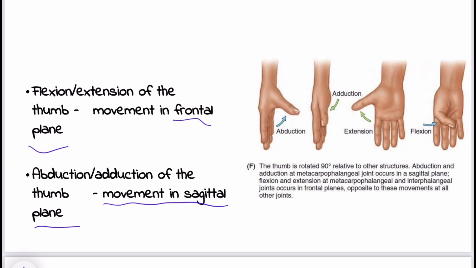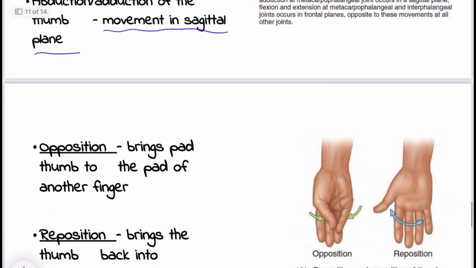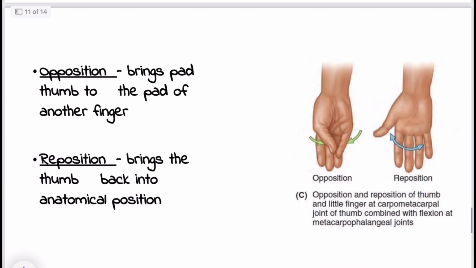Abduction is movement away, while adduction is movement towards the hand, and same goes for extension, but extension will be movement in the frontal plane, while the same goes for flexion of the thumb. Now, opposition is bringing the pad of the thumb to the pad of another finger, which can be seen here. And then reposition is just bringing the thumb back into its anatomical position.